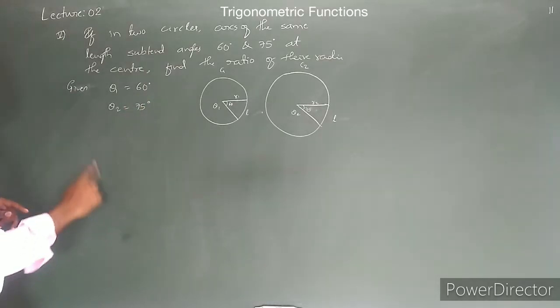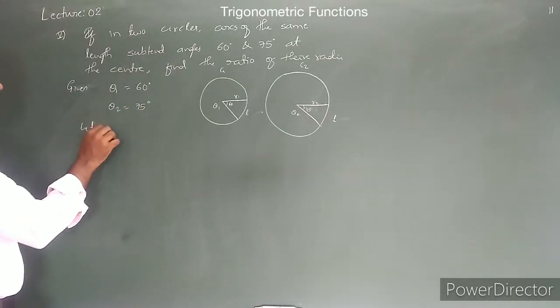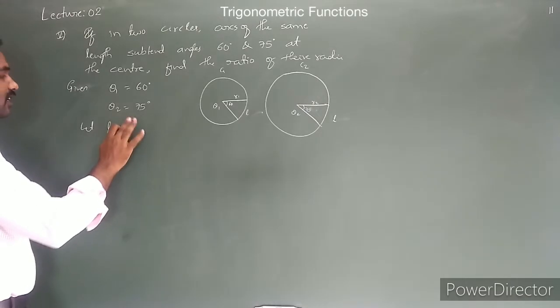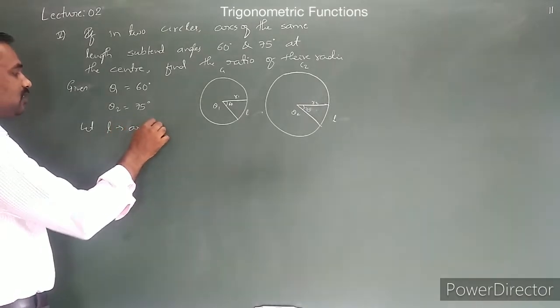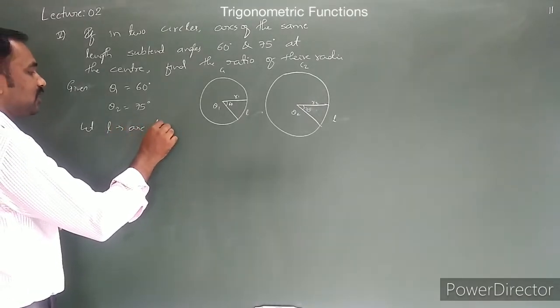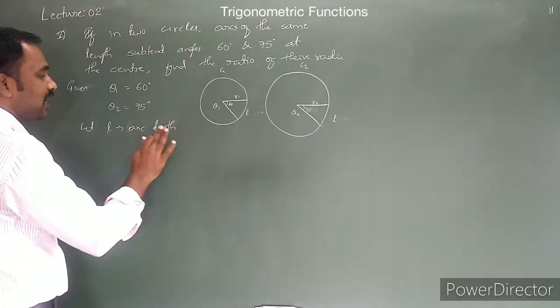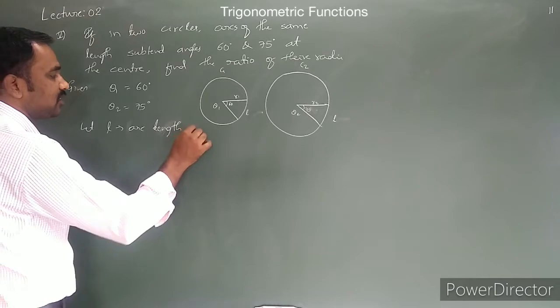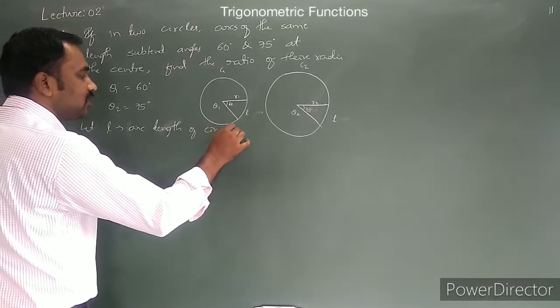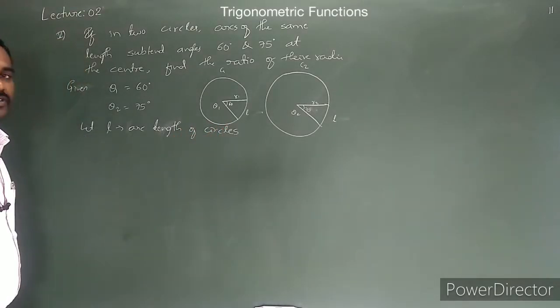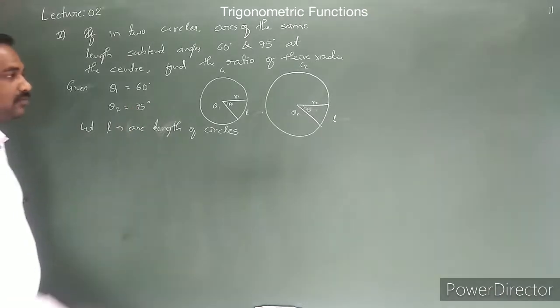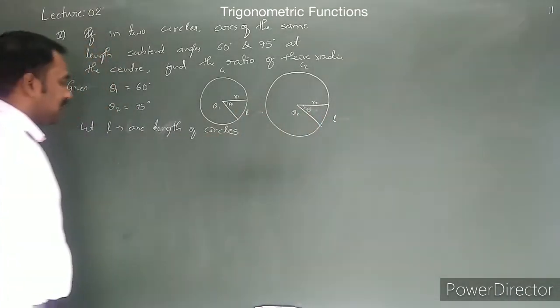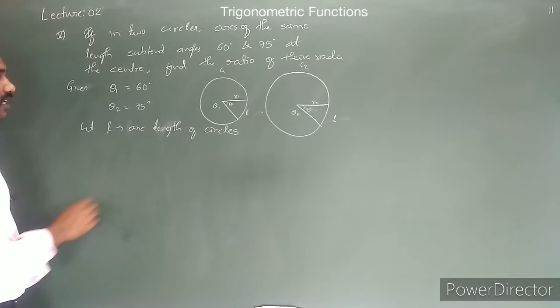And apart from that, let L be the arc length of the circle. Both have the same arc length, so in both circles the arc length is L.